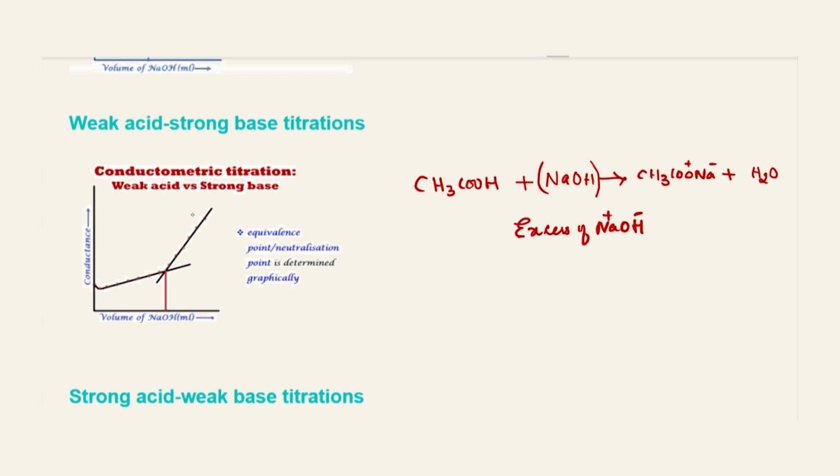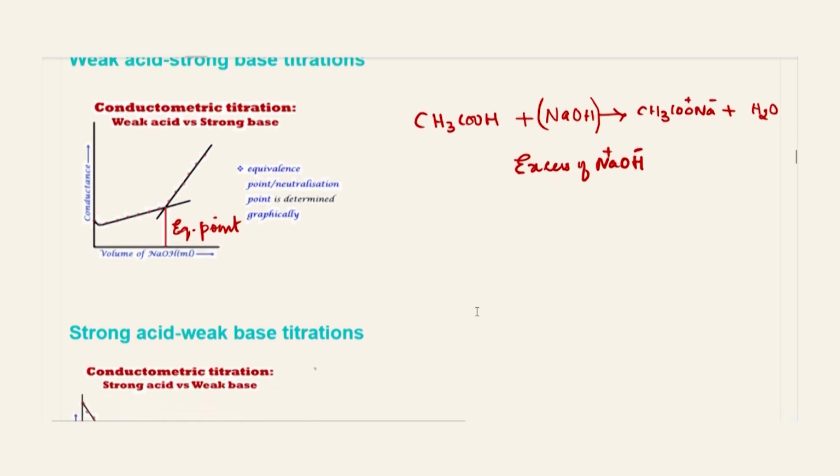Now, extend the two lines, and the intersection of the two lines will give you the equivalence point, from which you get the volume, and from that you can calculate the concentration of whatever is unknown.